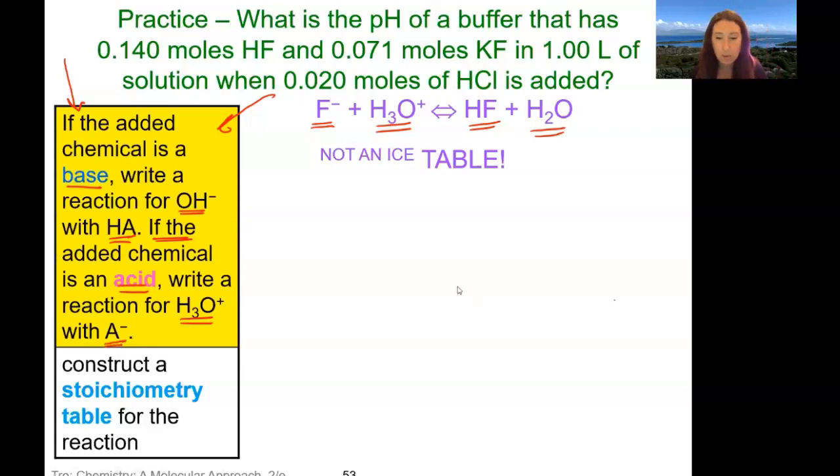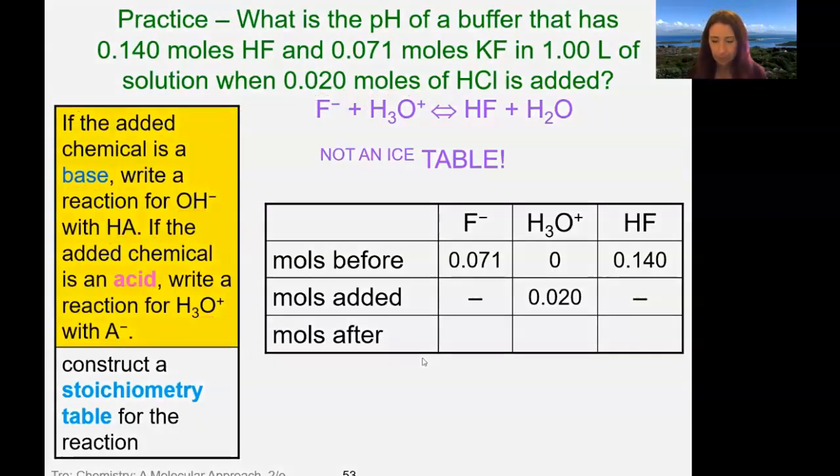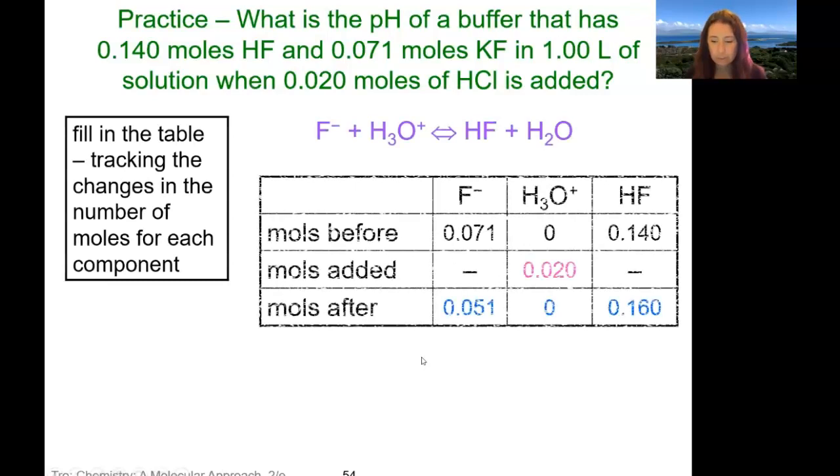So here's our moles table. When we do this, we're adding H3O plus, which means that the H3O plus is going to react with our F minus. So our F minus is going to go down by whatever amount the H3O plus was, and our HF will go up by that amount.